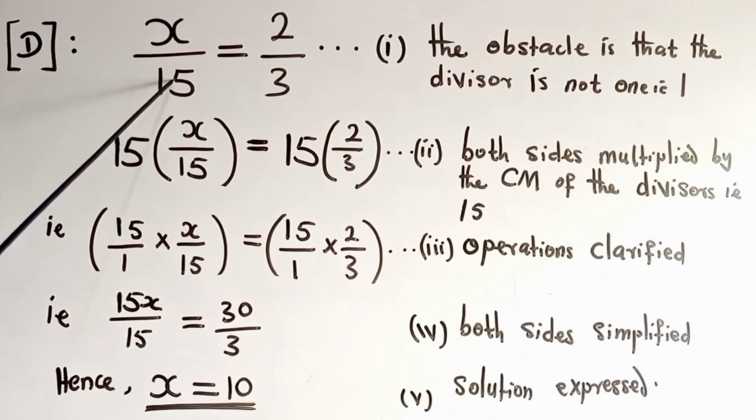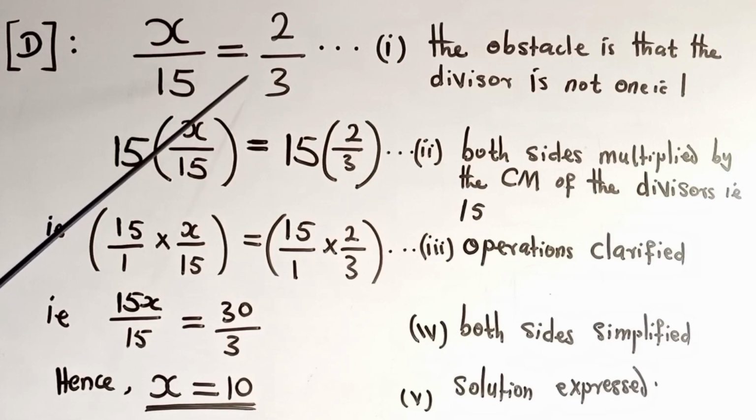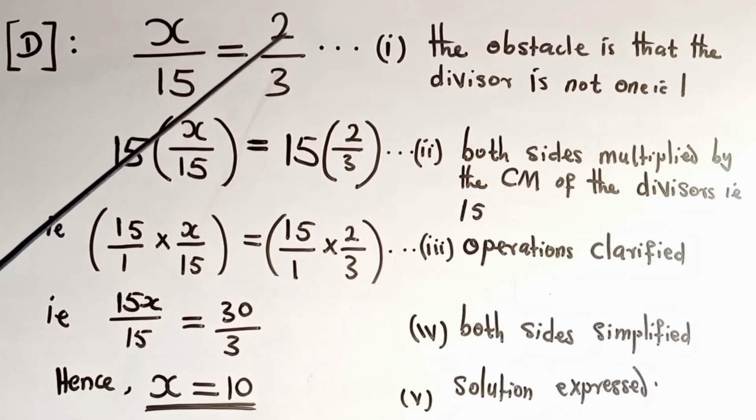So the trouble lies with this 15. It is also true that this right-hand side contains a divisor which is not 1 also. It is 3. Therefore, put together, we have divisors on the left-hand side and right-hand side, both of which are not 1.